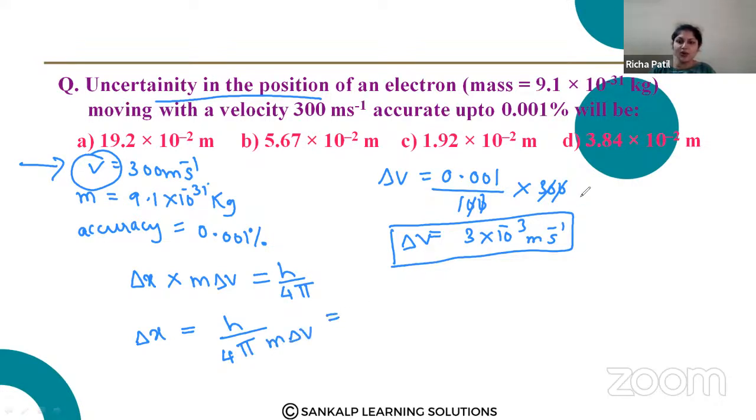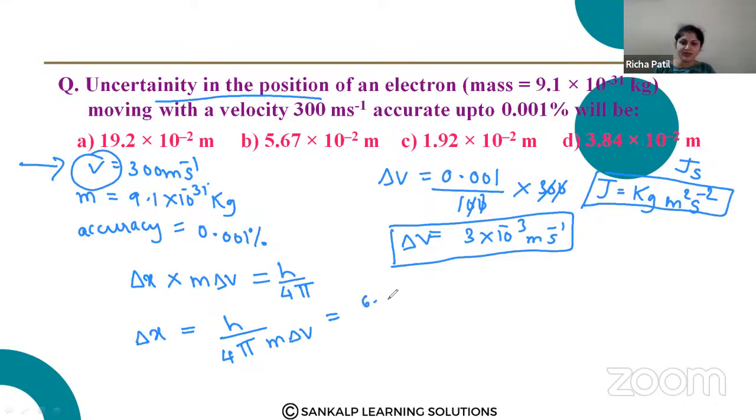So h, the joule value, is kg meter square per second squared, but you have joule second, so the second cancels.